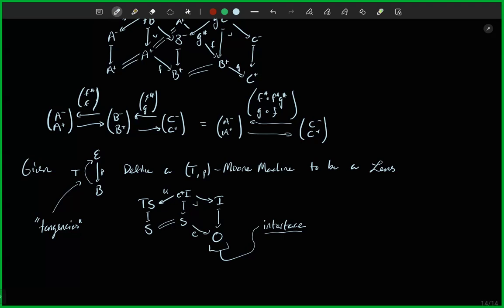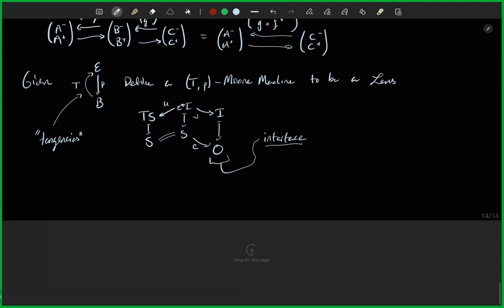Okay, let's step back from the abstraction and go back into something quite concrete. So, more wiring diagrams.